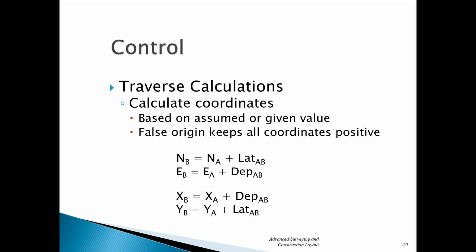But you do have to be aware that some people might. And so if you're giving people data, you need to make sure that they understand what data you gave them. And also if you've gotten data from somebody, you need to know whether you're getting northing and easting or X's and Y's. So you will be seeing it in both formats.